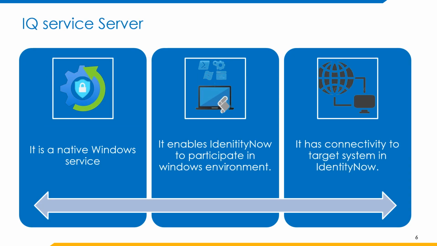The IQ Service server, also known as the integration service, is a native Windows service that allows IdentityNow to participate in the Windows environment and access information exclusively accessible via the Windows API. It is a small service that must be deployed on any supported Windows server that has access to the target systems you wish to manage in IdentityNow.